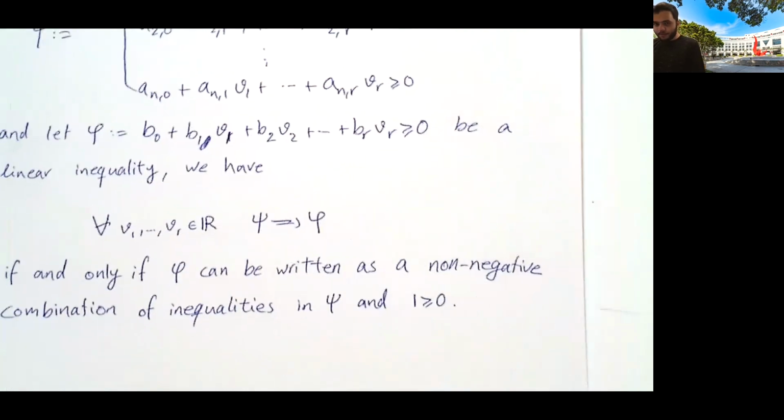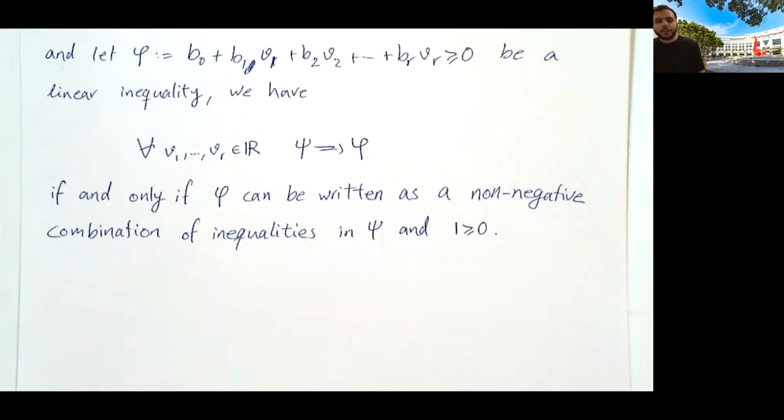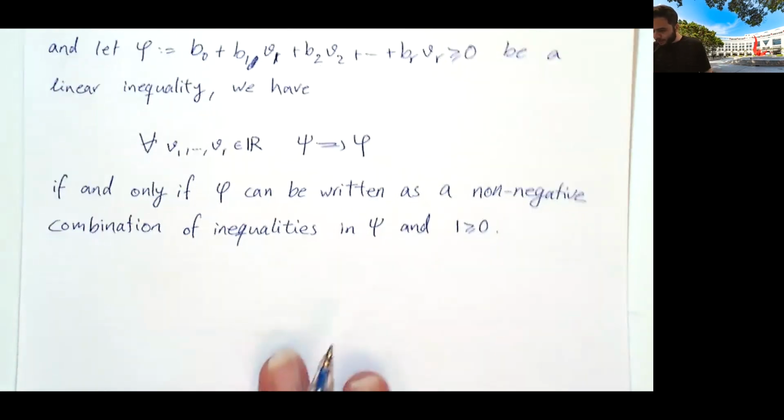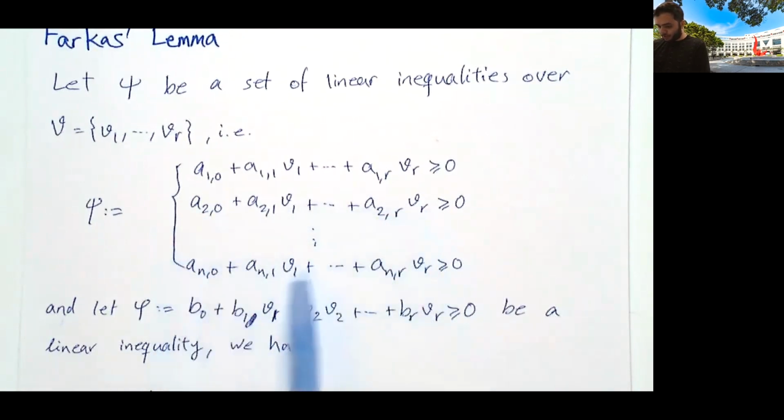Okay, so let's see if we can actually make this algorithmic. So what does it mean that phi is of this format? Basically I should be able to write phi as some non-negative coefficient times this part plus some other non-negative coefficient times the second linear expression, and so on.